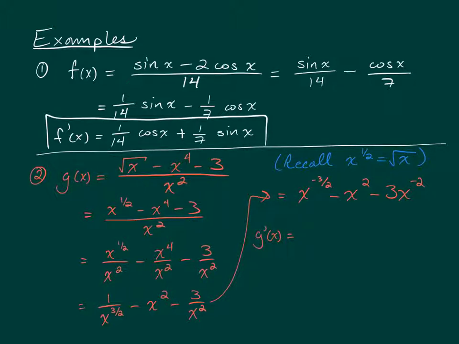So the calculus step here is to bring down the exponent and then subtract 1 from the exponent, minus bring down the exponent and subtract 1 from the exponent, which leaves us with a 1, even though we don't write it.